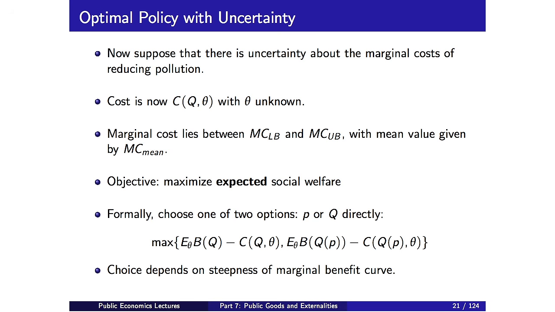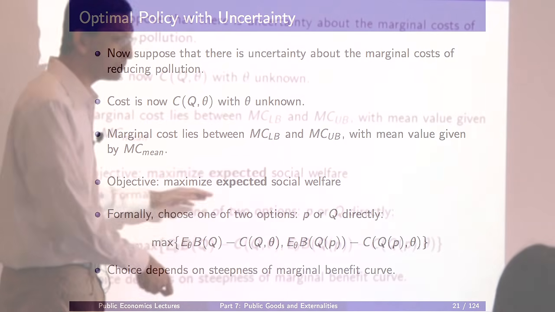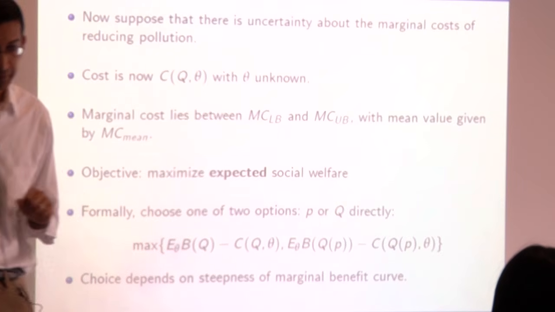So Weitzman's insight is that the choice between these two policies depends in particular on the steepness of the marginal benefit curve. And so let's see why that is graphically. So basically his point is which you want to choose depends upon B prime of Q. Right?